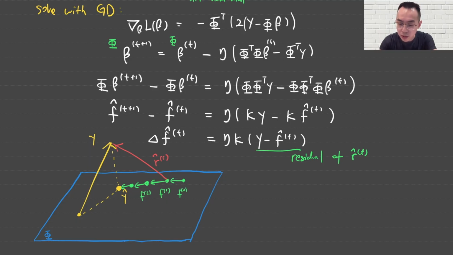Okay, in order to understand this picture a little better, let's quickly apply an SVD on the matrix phi to see what exactly this subspace is. We can apply SVD on the phi matrix as U sigma V transpose.